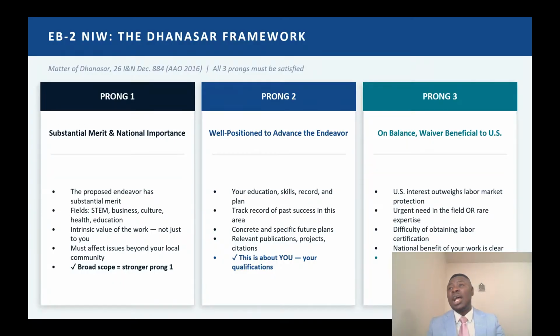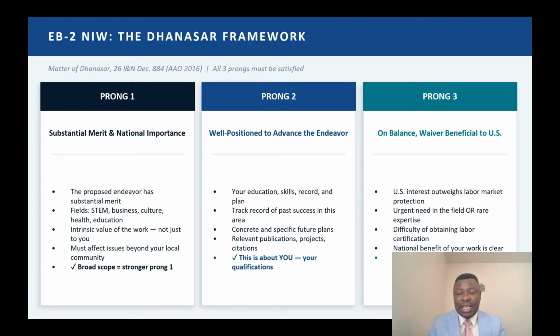For example, I propose to engage in research that will lead to the cure of cancer in the US. Or, I propose to establish a language school that will close the language gap between Americans and their European counterparts.